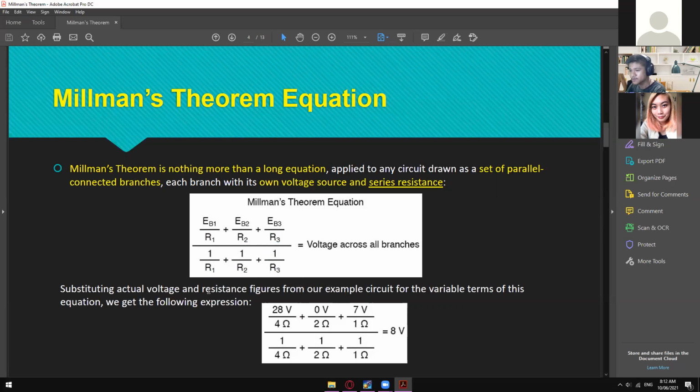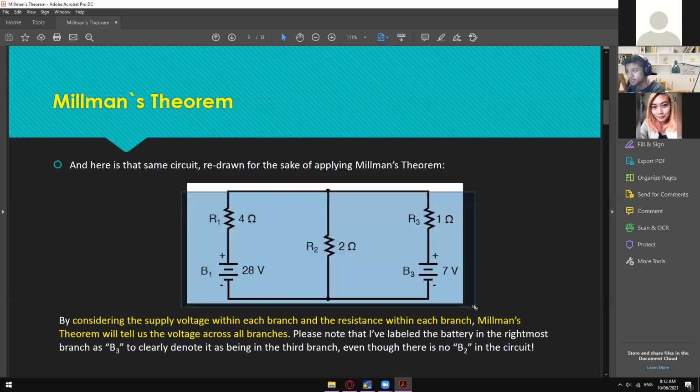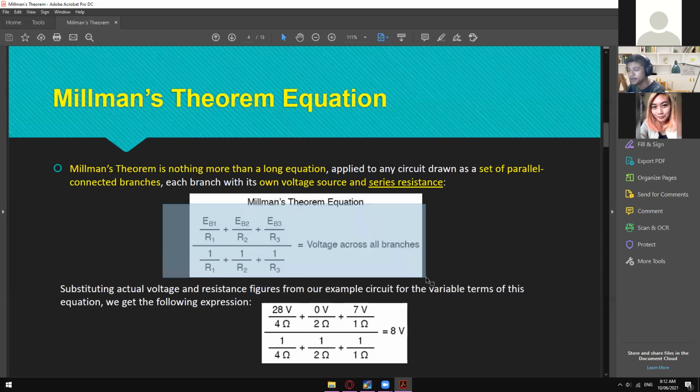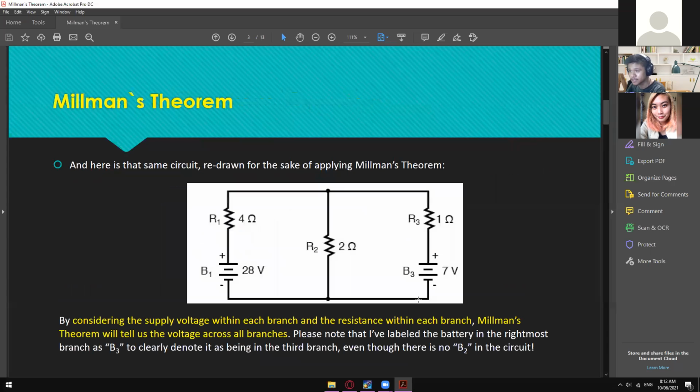Okay, so just by substituting all the given values right here into our equation of Millman's theorem, you can have this one. Just solve this using your calculator and then you will get 8 volts. Whatever you solve from here, that's the voltage across all of the branches.